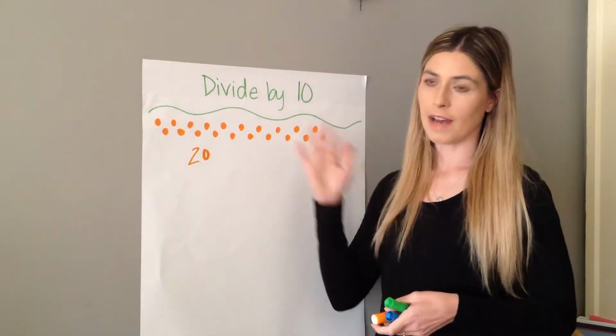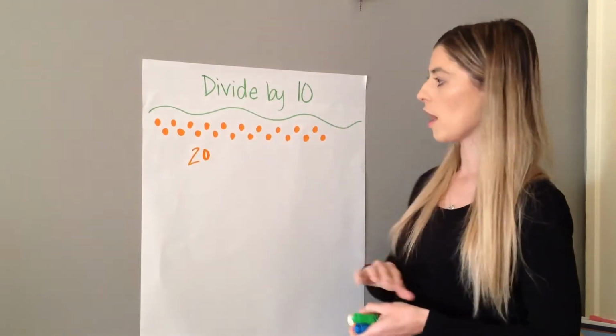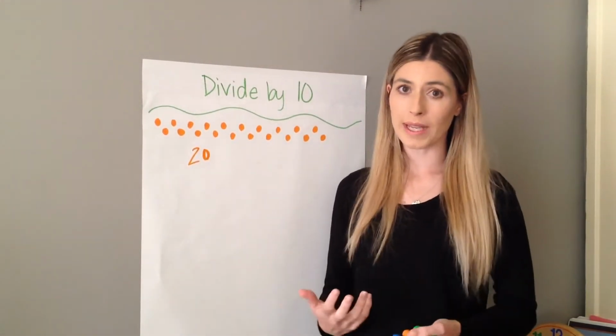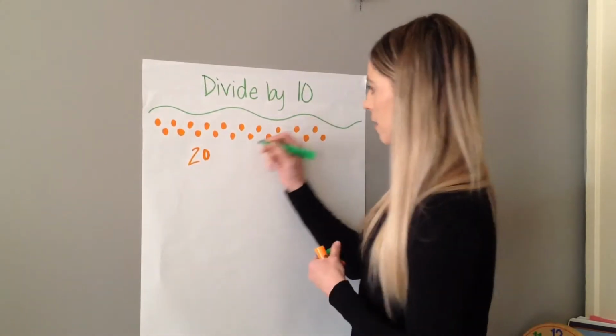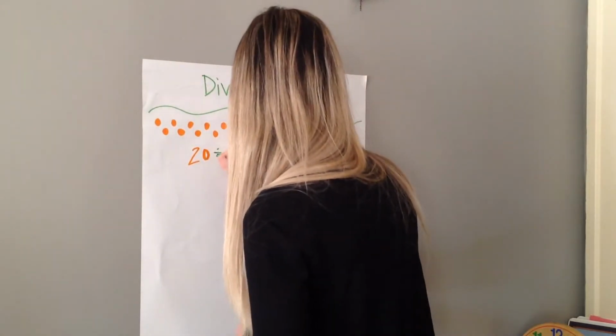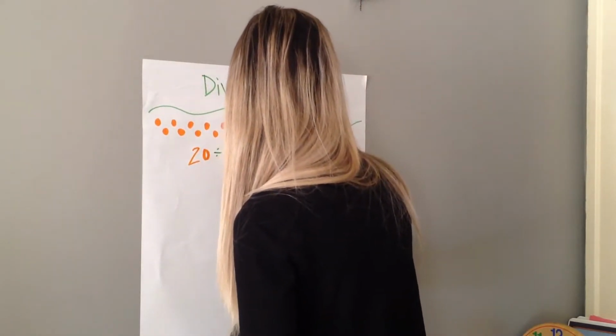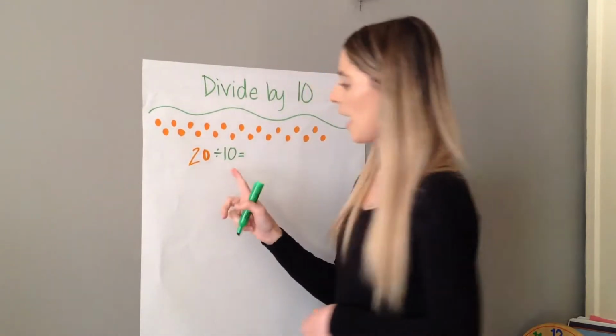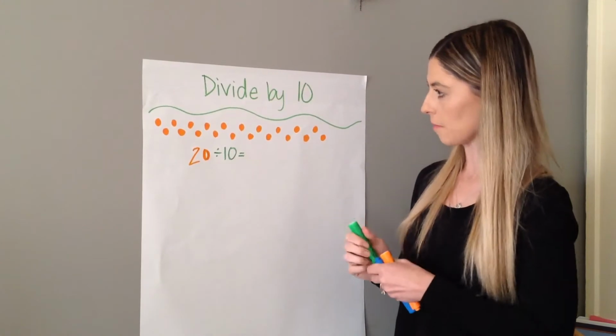So we're going to divide this group of dots up into groups of 10 to see how many groups we can make. That's all that dividing is, just seeing how many groups you can make of that number. So we're going to divide by 10.